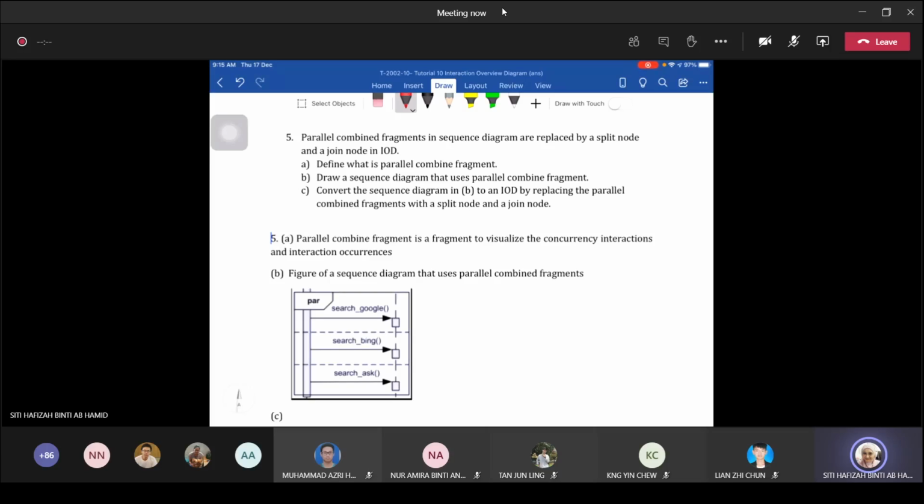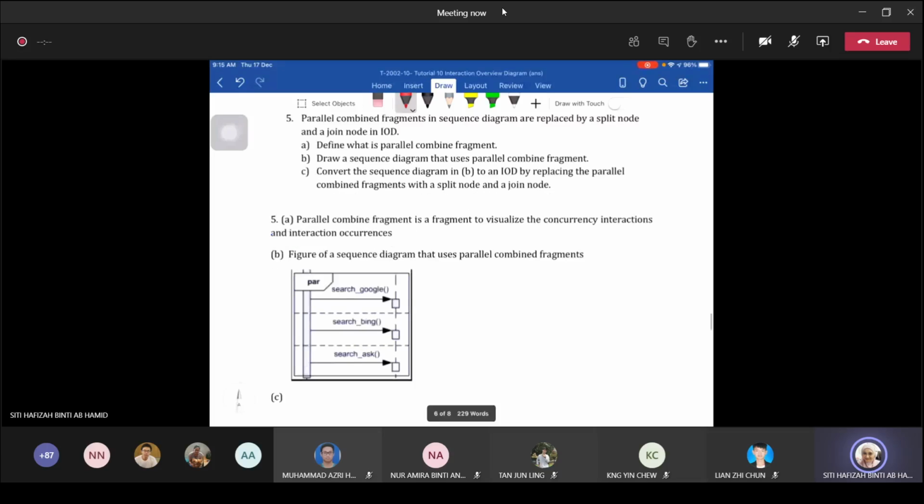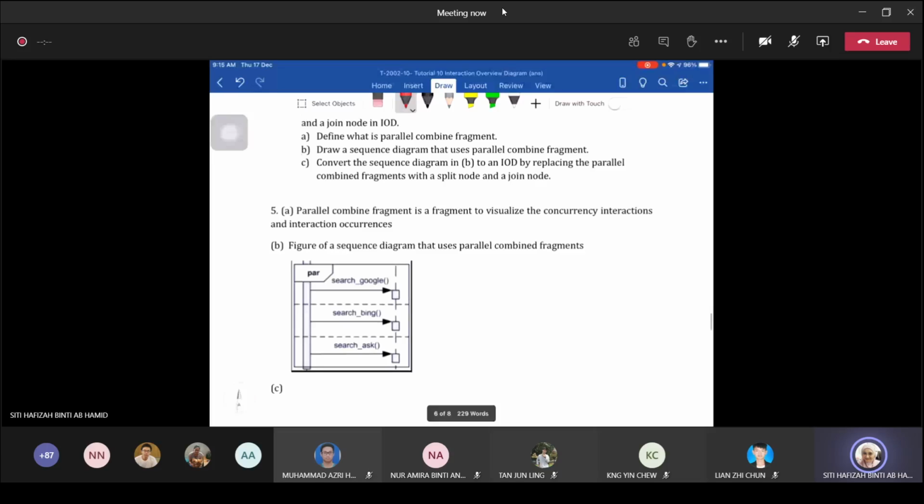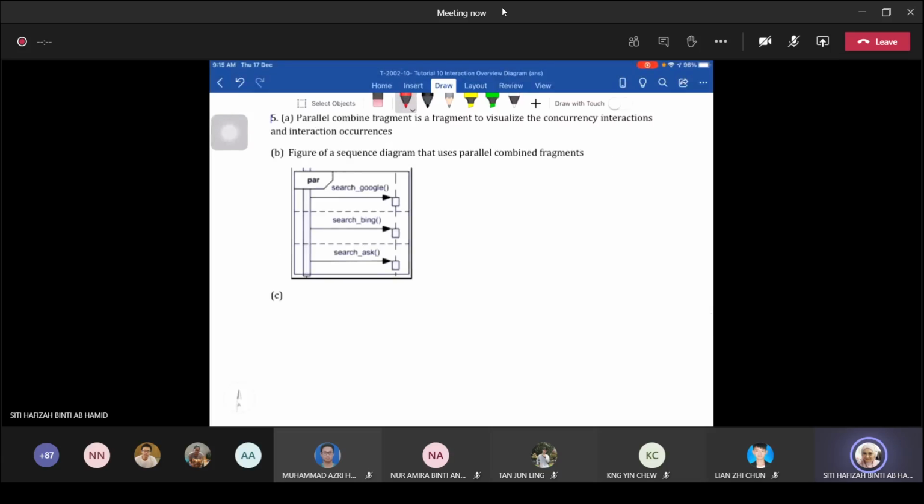And then C, based on your answer from B, convert the sequence diagram into IOD by replacing the parallel combined fragments with a split node and a join node. So how are you going to do that? Let's say I use this example.